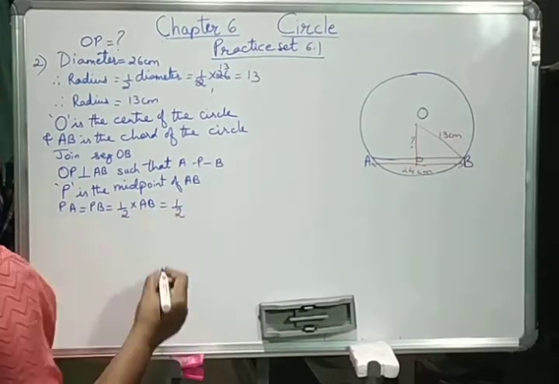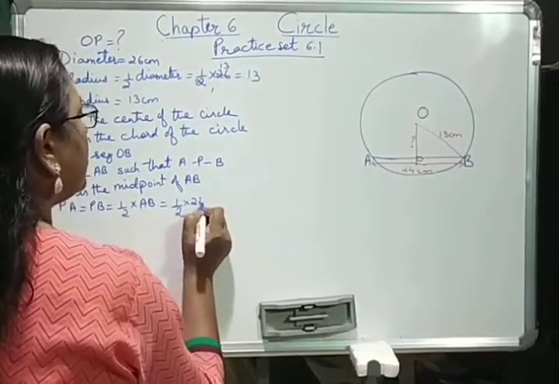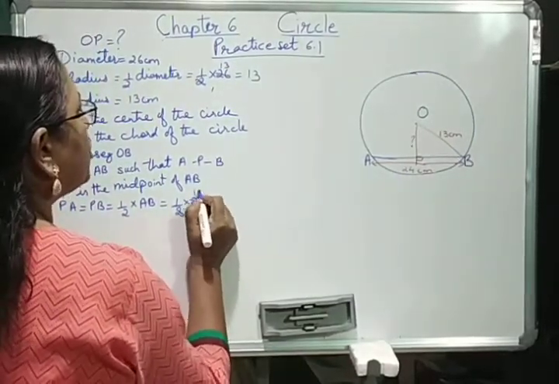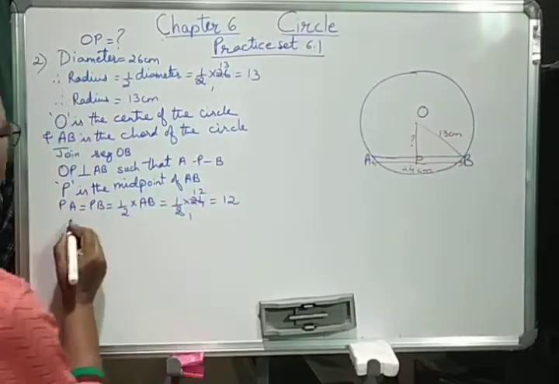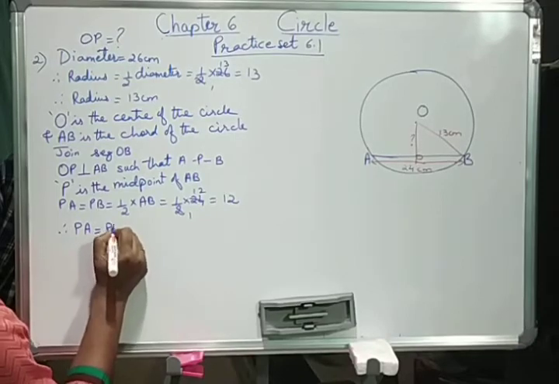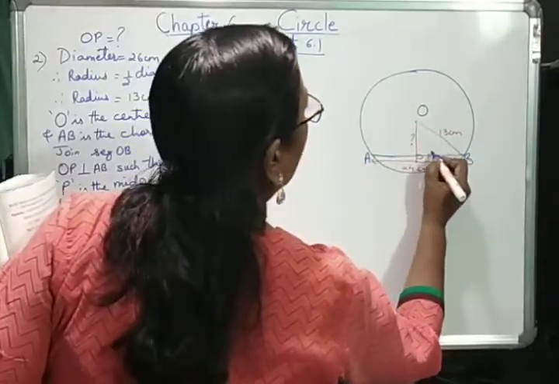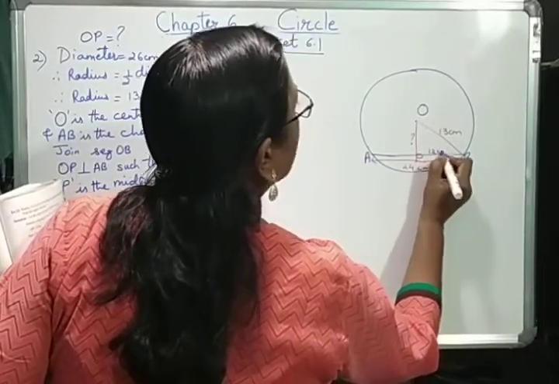Now your AB value is given how much? 24. So that means PA equals PB and that is equal to 12 centimeter. So here this value PB is 12 centimeter.